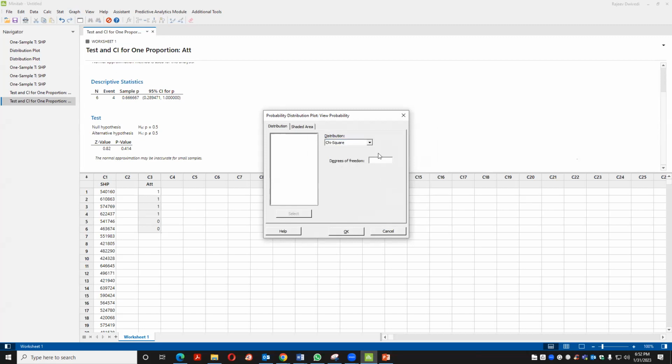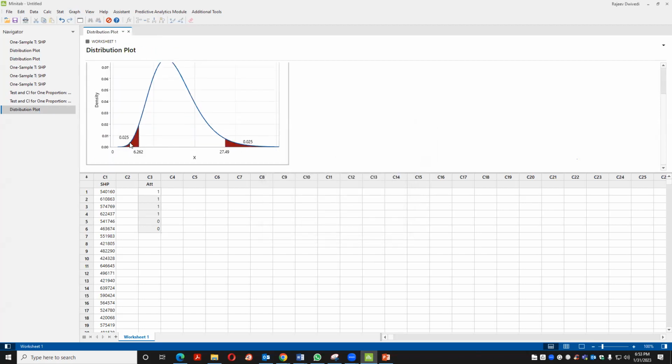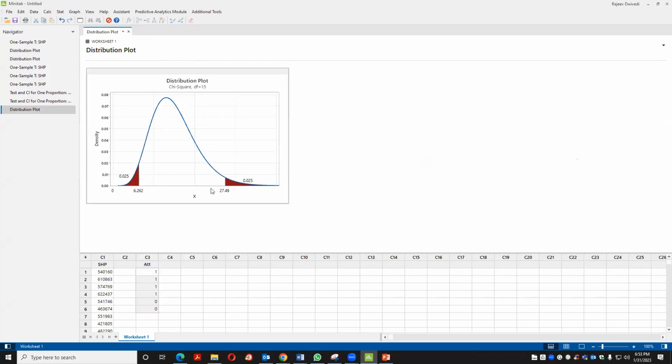If the sample is 16, use 15. For the shaded area, for 5%, use this. And you can get the upper value and the lower value. So I'm just giving the answer to the question. This is the upper cut and this is the lower cut.